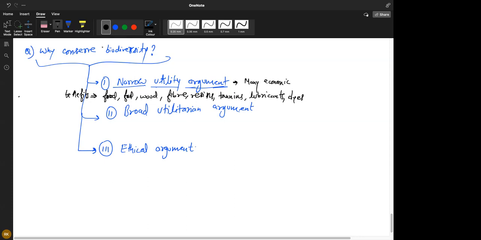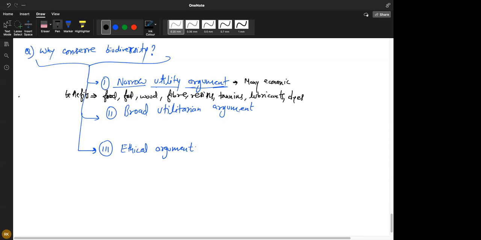Then, as your broad utilitarian argument, because the narrow utility argument can still be counter-argued: okay, if you are saying wood, let's not use wood. We have made synthetic materials which are as durable as wood, so we will not use wood anymore. We are good without wood. It's fine.